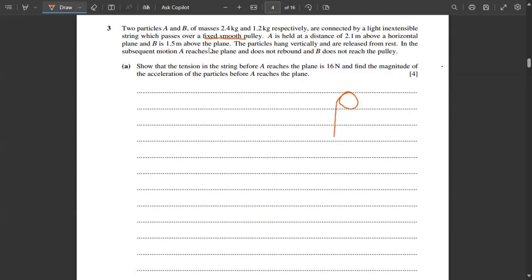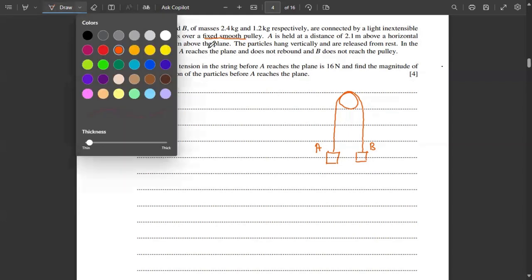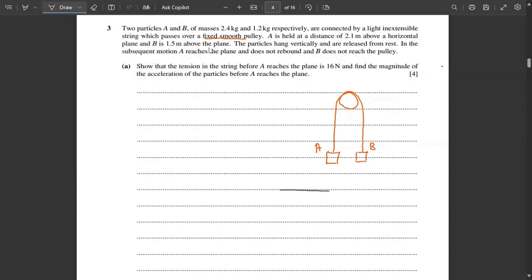So this is particle A. This is particle B. A is held at a distance of 2.1 meter above the horizontal plane. Okay, so this is the horizontal plane. So the distance between the horizontal plane and A is 2.1 meter. And B is 1.5 meter above the plane.